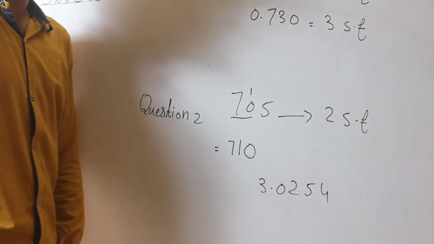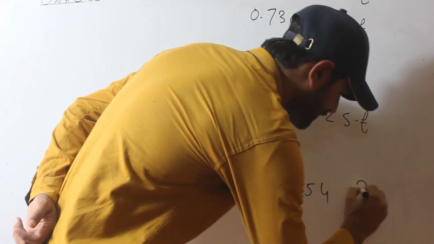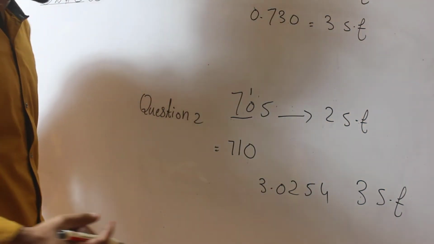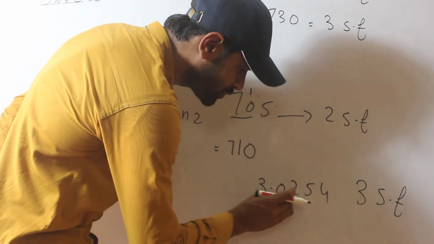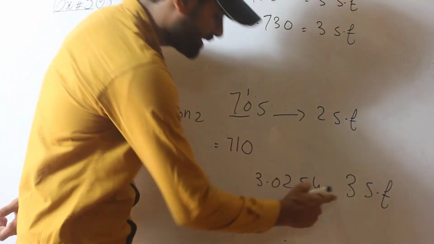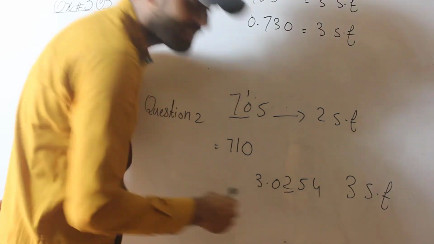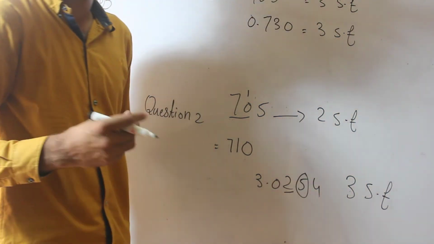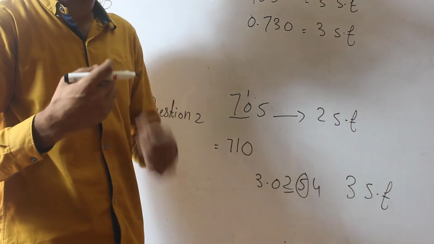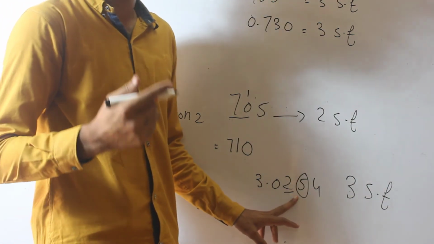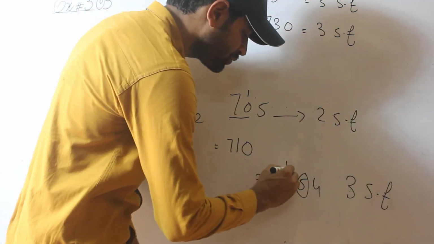I take a decimal number, 3.0254. I round it off to 3 significant figures. First I count how many significant figures it has: 1, 2, 3, 4, 5. Then underline the position of 3: 1, 2 and 3. Then check the next number, which is 5. We have a rule: if the number we want to eliminate is 5 or greater than 5, then we add 1 to the last number.